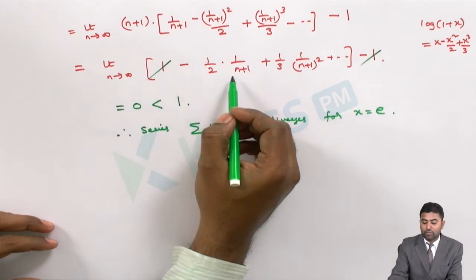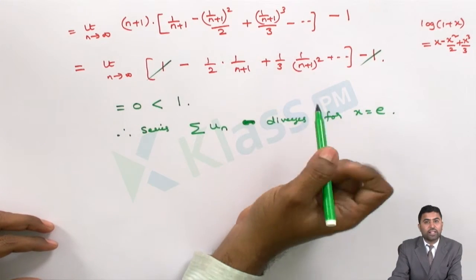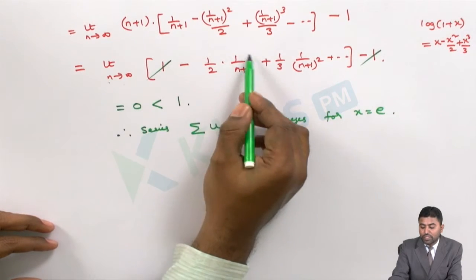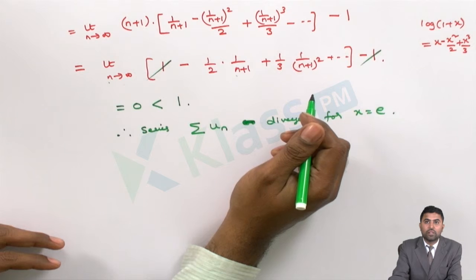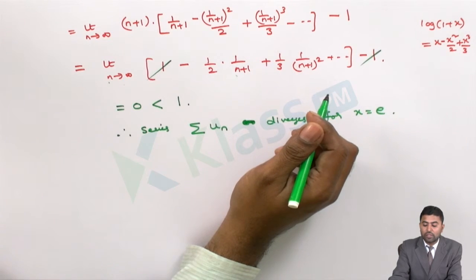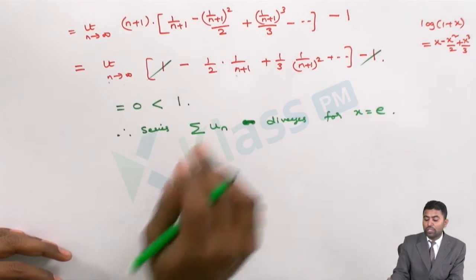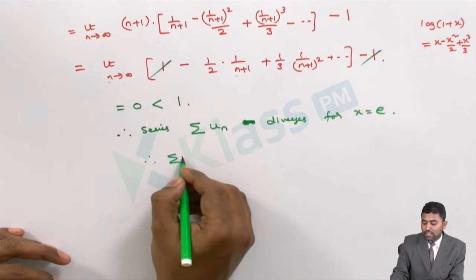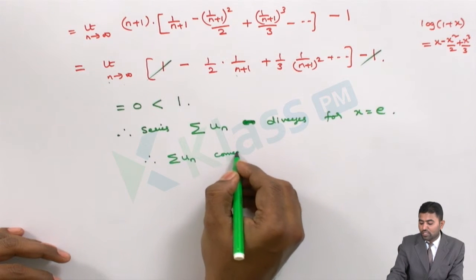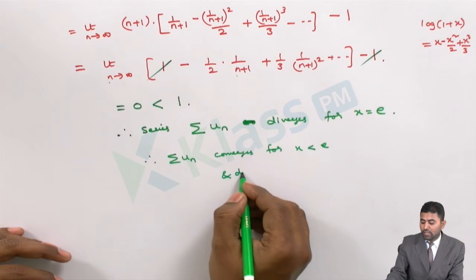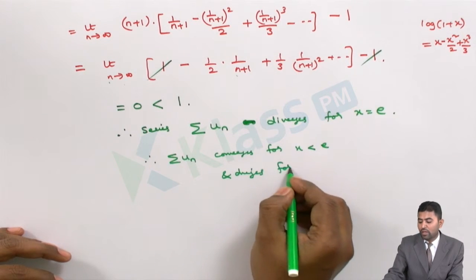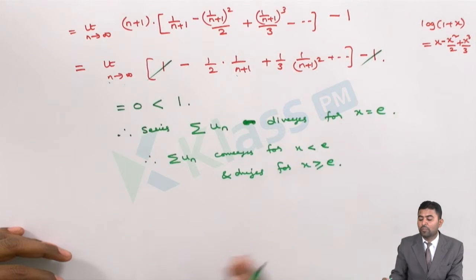Right? I am getting 0 here. Why? Because this one and this one got cancelled. Now as n tends to infinity, this term will give you 0, this term will give you 0 and so on. We'll get the answers as zeros. Right? So at x equal to e, it diverges. So therefore, summation un converges for x less than e and diverges for x greater than or equal to e.